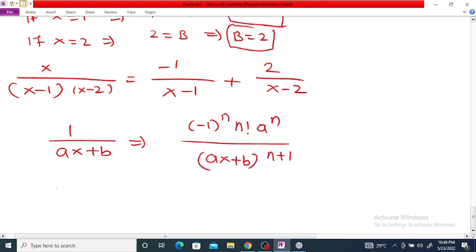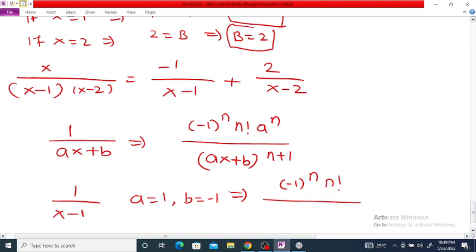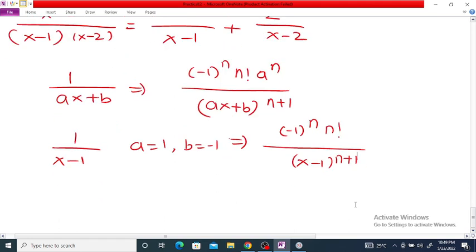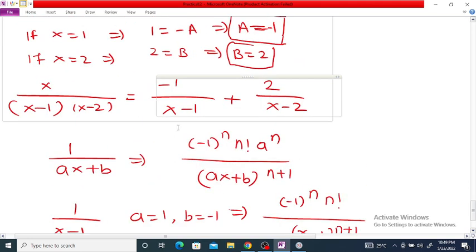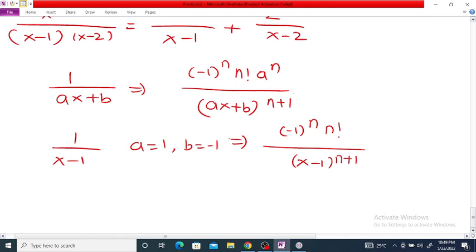So if you compare this with 1 divided by x minus 1, then here a is equal to 1 and b is equal to minus 1. So its nth derivative is minus 1 raised to n, n factorial divided by x minus 1 raised to n plus 1. Okay, but there is one more minus sign, because it is minus 1 into x minus 1, so here we want to increase it by plus 1.